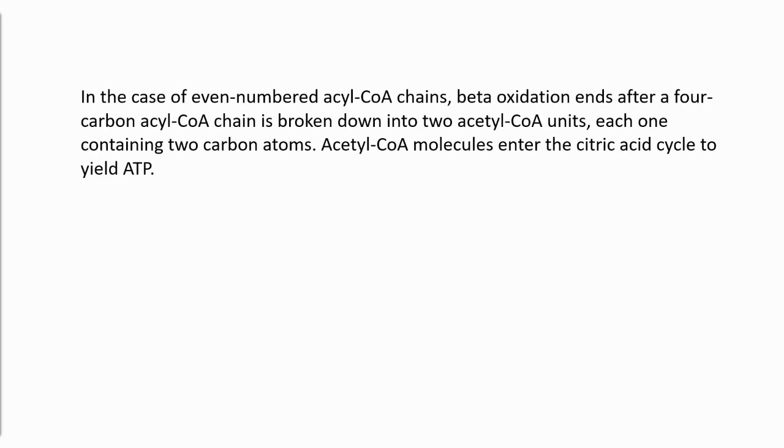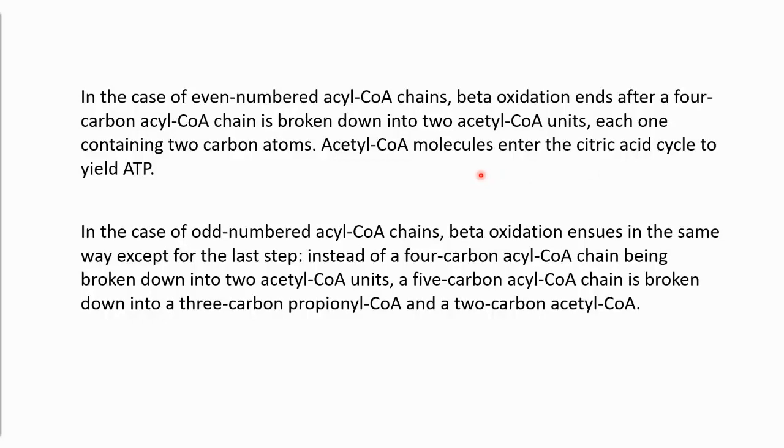Now, things to remember here: if you're talking about even-numbered fatty acids, all of them will produce acetyl coenzyme A, which is a two-carbon compound, and all of them will be available for the TCA cycle.